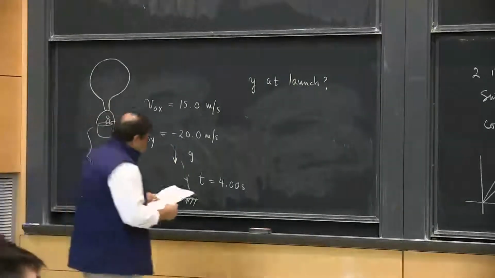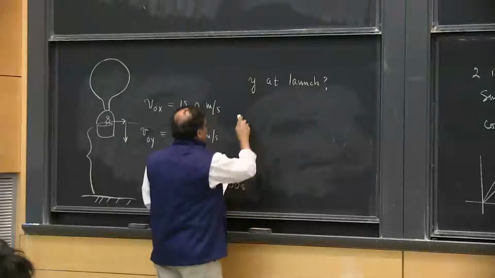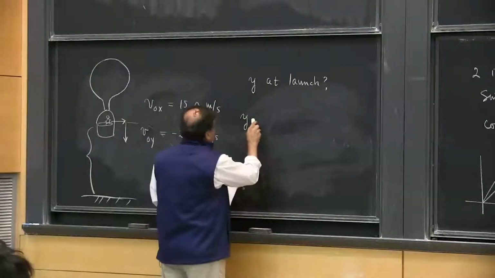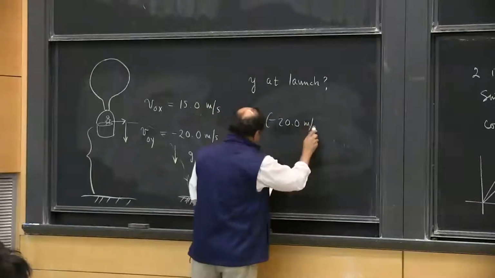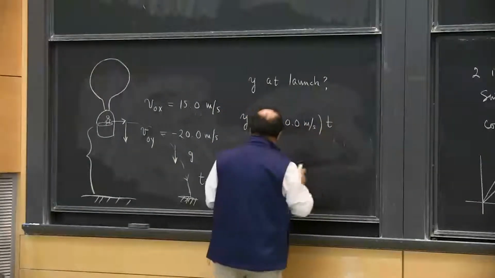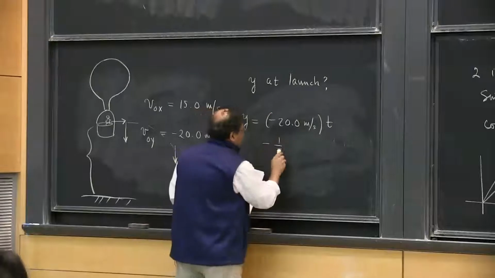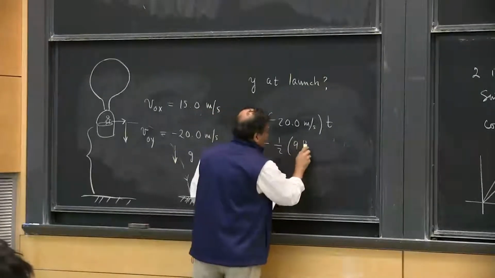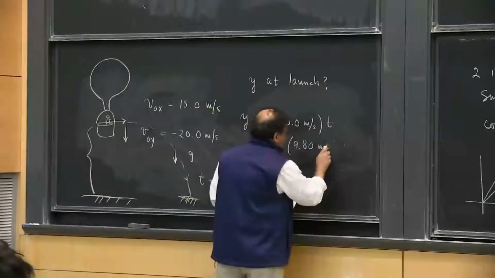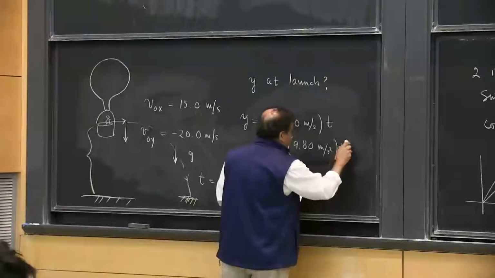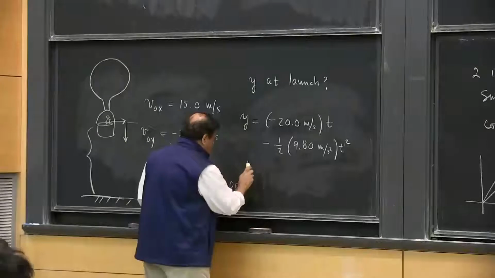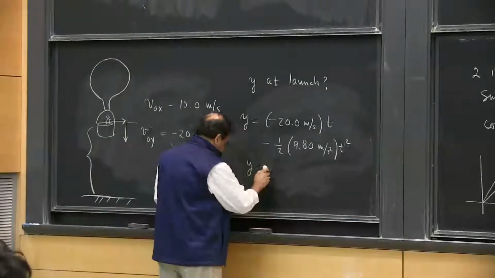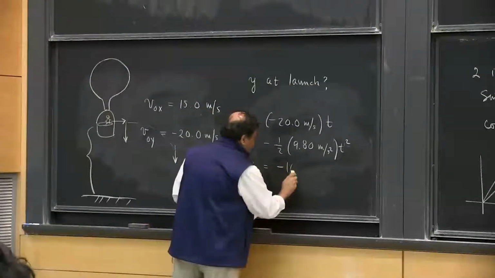All right. So essentially now I can calculate this y by writing y equals minus 20.0 meters per second times t, t is known, minus 1/2 times 9.80 meters per second squared times t squared. So t is 4, and so I can calculate this y. If I do this calculation, the answer I would get is basically minus 160 meters.